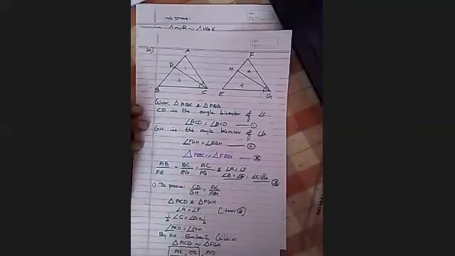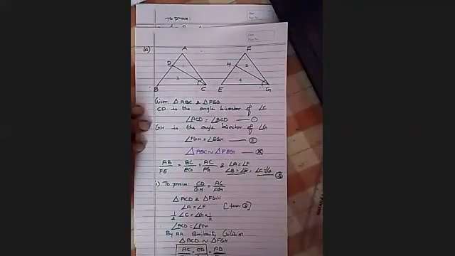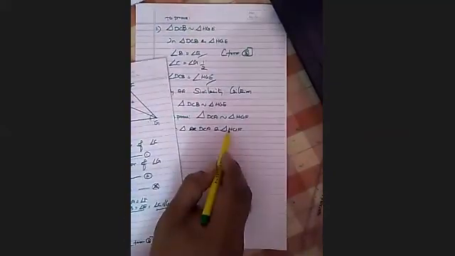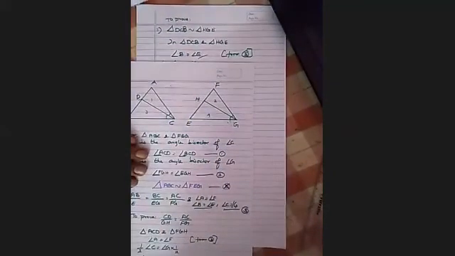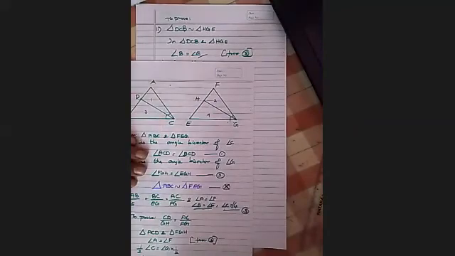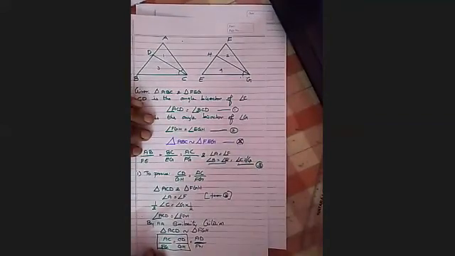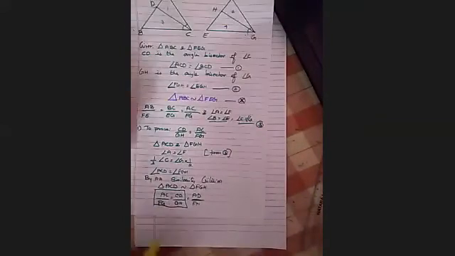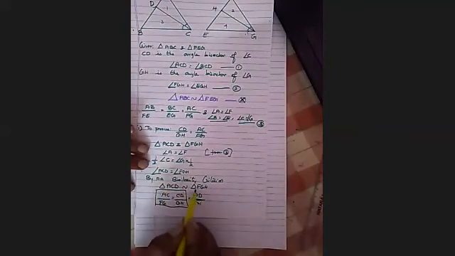Where is DCA? Sir, triangle 1, the upper part. HGF, triangle 2. We already proved triangle 1 is similar to triangle 2. Am I right? Yes, sir. See, there they are given as ACD and FGH.